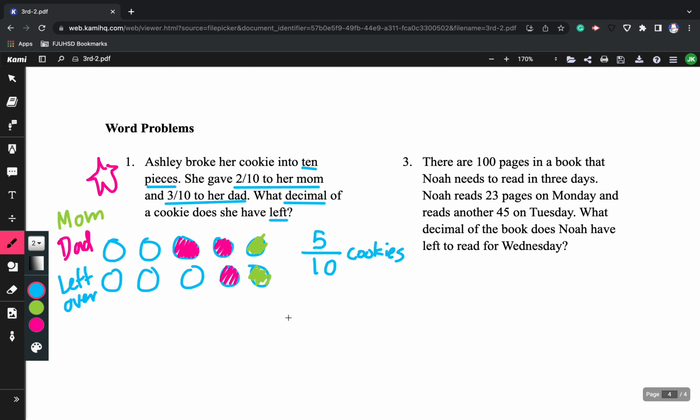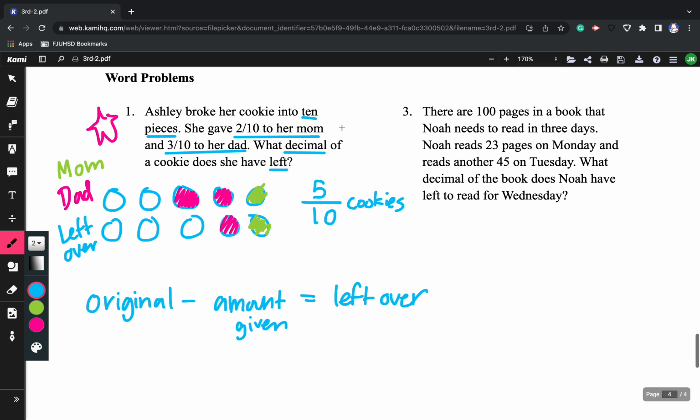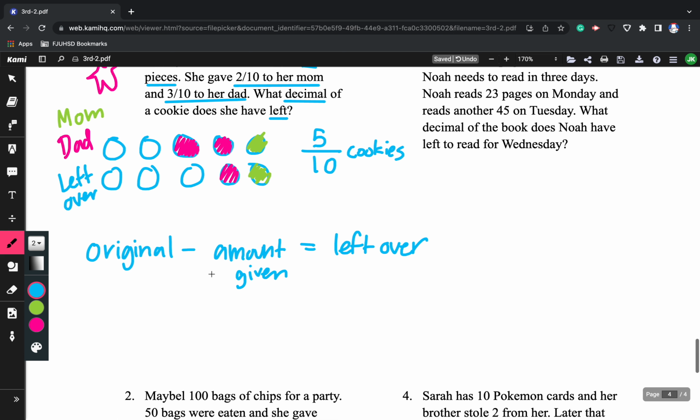Now let's think about this mathematically, okay? What we usually do is we take the amount we originally have, the original minus the amount given, right? To find the leftover. So let's find the original amount. She has 10 pieces.